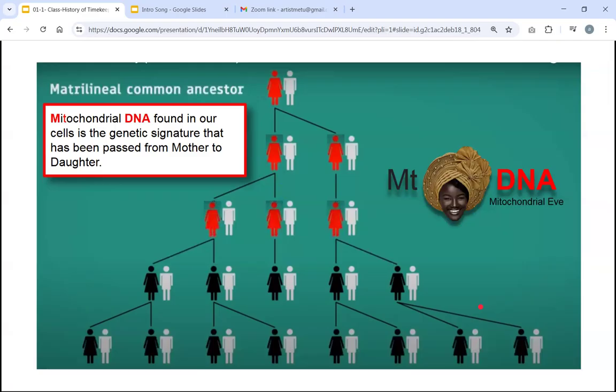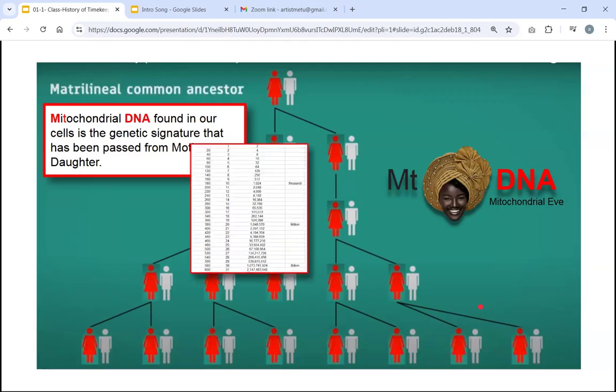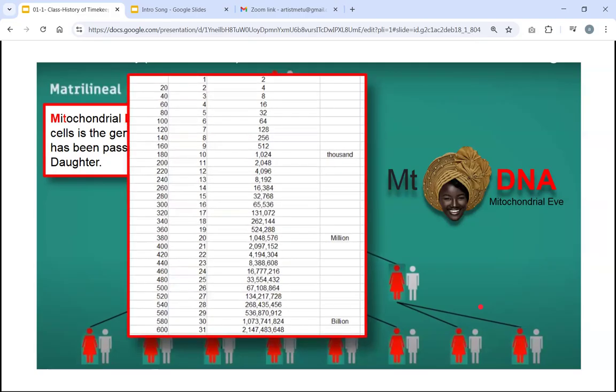So here we have the mother passing it on to her two daughters, who passed it on to their daughters and cousins and further cousins. So here is a diagram just to show you what's inside of us.